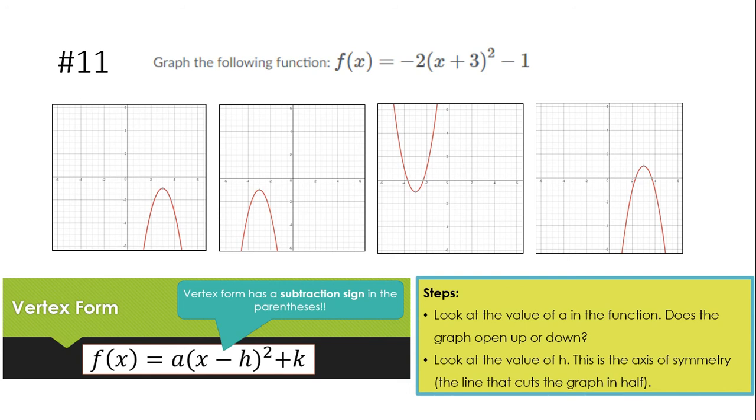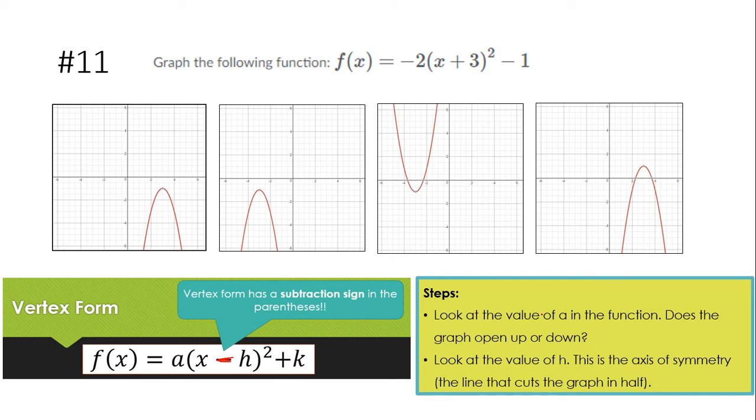Okay, number 11, graph the following function. f of x equals -2 times (x plus 3) all squared minus 1. Okay, so this is in vertex form. Remember that it has a subtraction sign in the parentheses. This means that we move in the opposite direction.